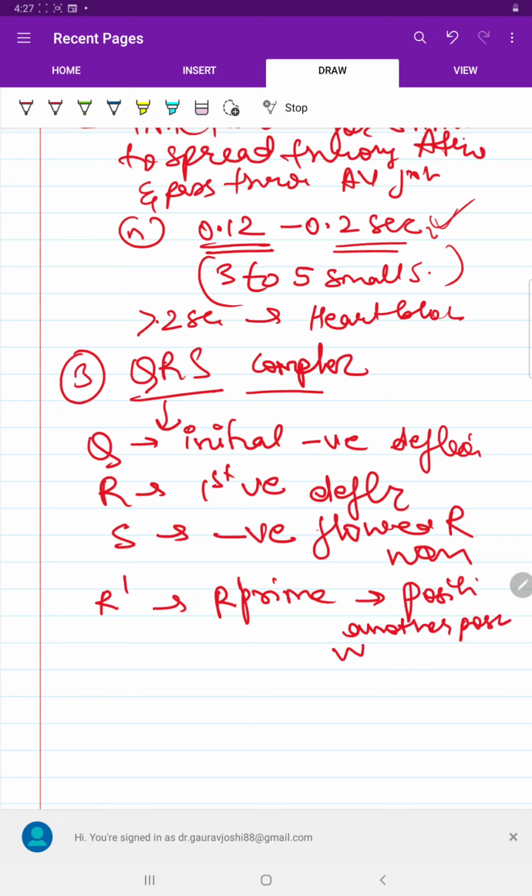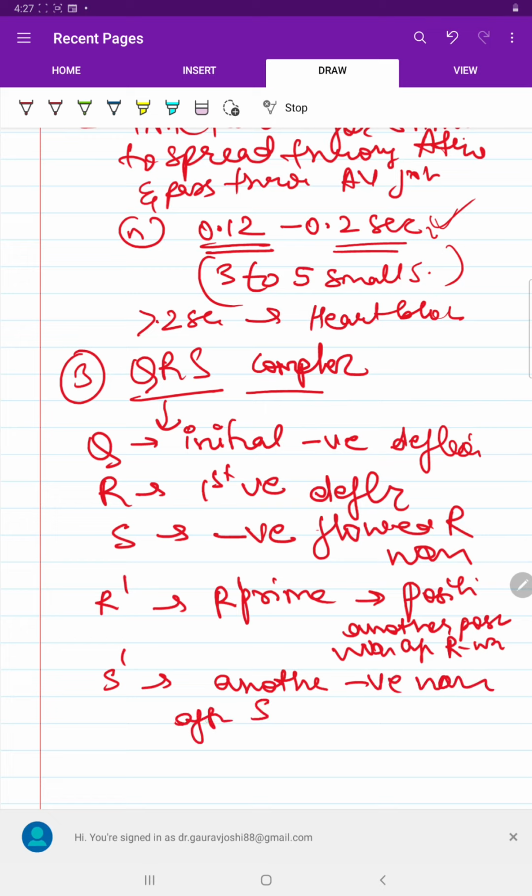S dash is another negative wave after S. So the QRS complex is a little bit confusing, but we need to know what Q, R and S, R dash or R prime are. There are many forms of deflections we will encounter, so first we are taking the normal things.